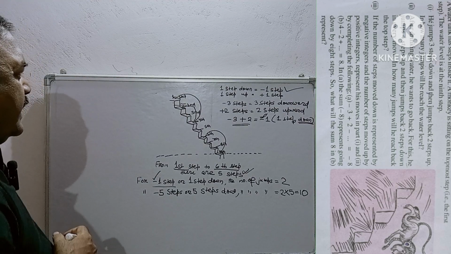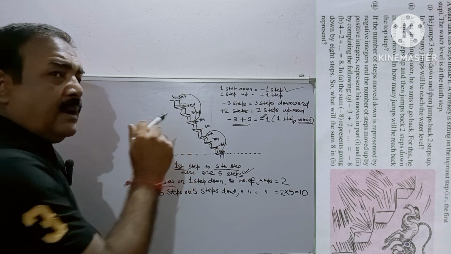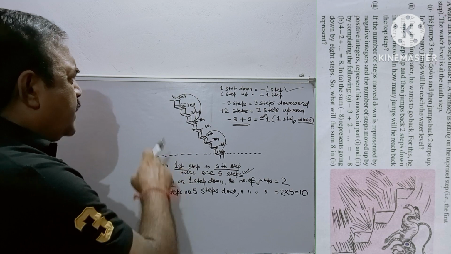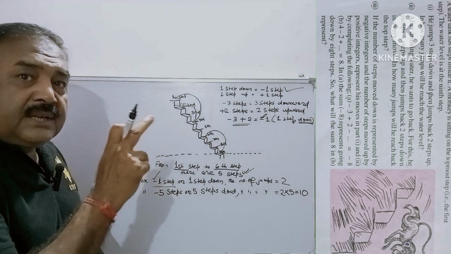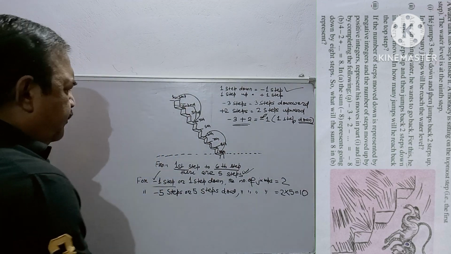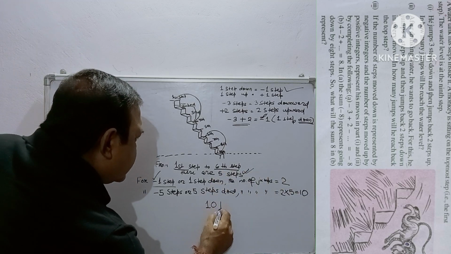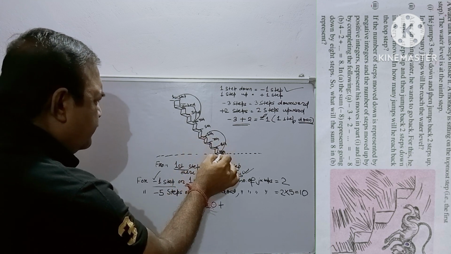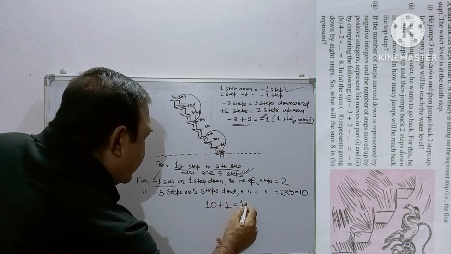Yes or no? And when the number of jumps is 10, the monkey will be on the 6th step. And from the 6th step, he gives one jump and covers 3 steps down and reaches the 9th step. Yes or no? So you see, the number of jumps is 10 plus the single jump from the 6th step to the 9th step, that is 1, that is equal to 11.